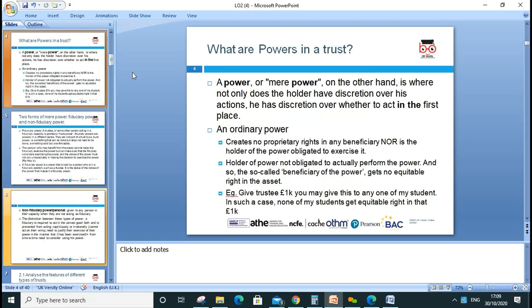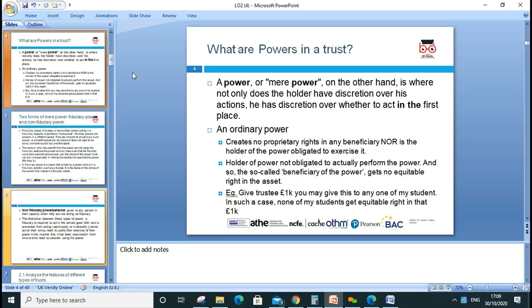Then what are power and interest? A power, on the other hand, is where not only does the holder have a discretion over his action, he has the discretion over whether to act in the first place. So what is the ordinary power?